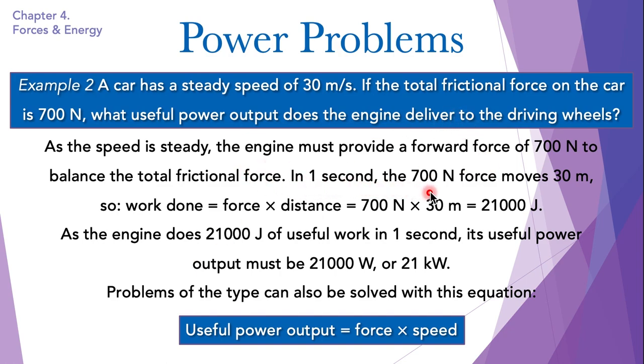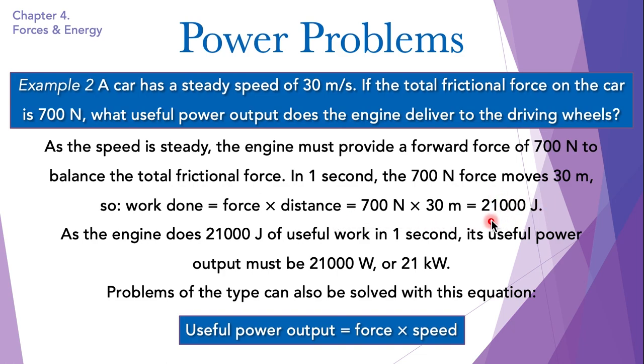In 1 second, the 700 newton force moves 30 meters because the speed is 30 meters per second. So, work done is equal to force into distance, which means we multiply 700 newtons by 30 meters and the work done is 21,000 joules.